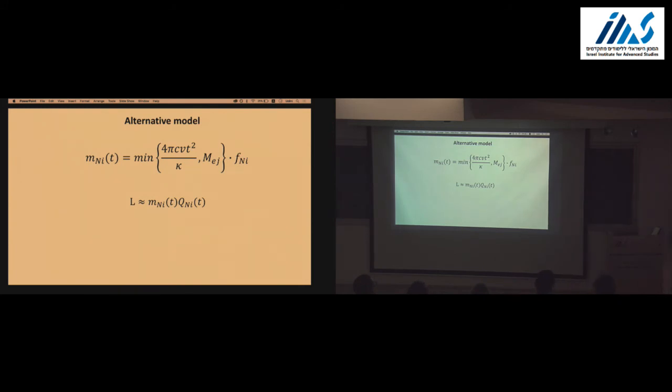As I just showed you, we have a lot of nickel inside and not so much nickel outside. So at very early time, this fraction of nickel, how much nickel I have in the exposed mass, depends much more on the fraction of nickel in the outer layers than on how much mass I see. If I have no nickel at all, I don't care how much mass I can see. I don't see anything.